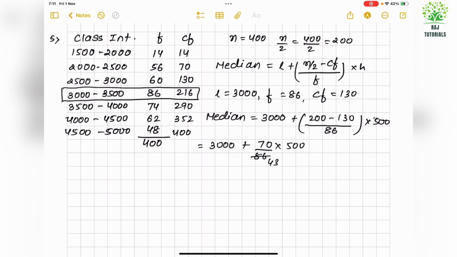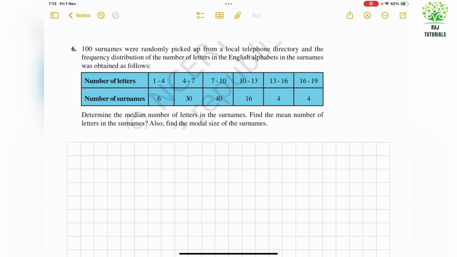So if I cut, I will get 43 and 250. So 3000 plus 17500 upon 43. So if I divide it, I am getting 406.9. So my answer will be 3406.